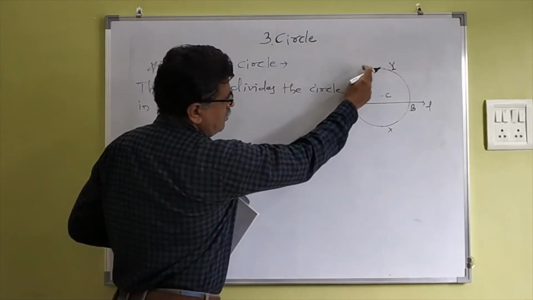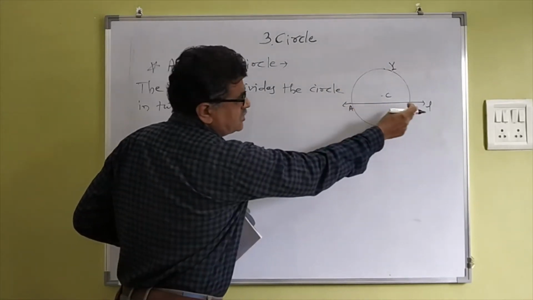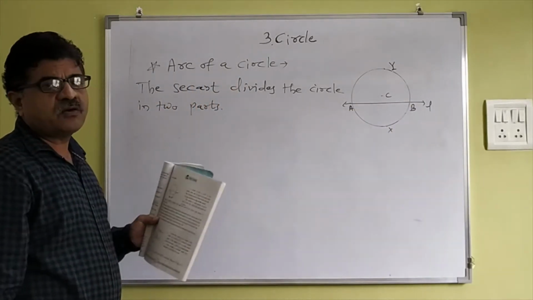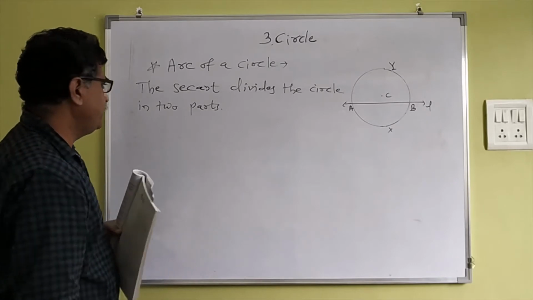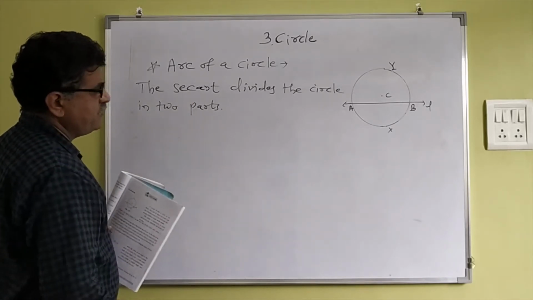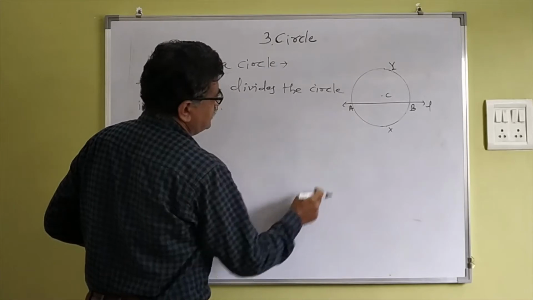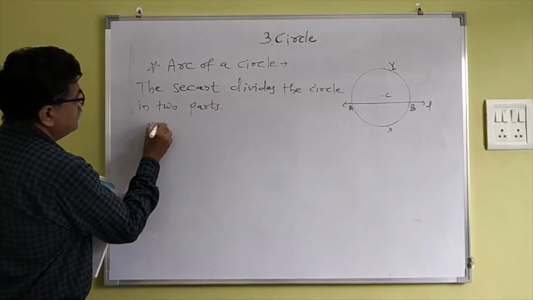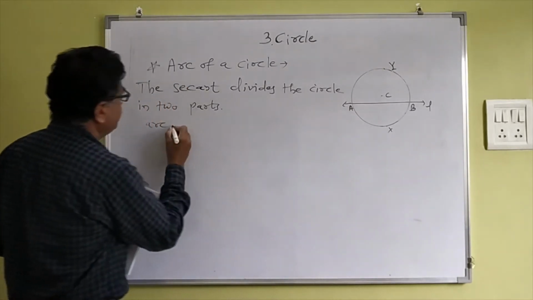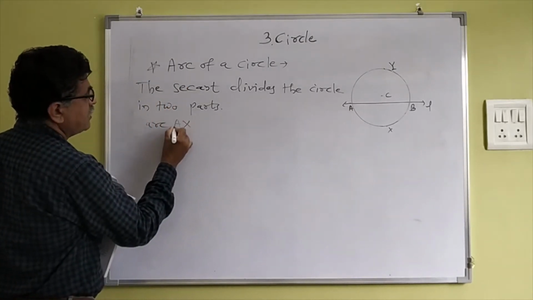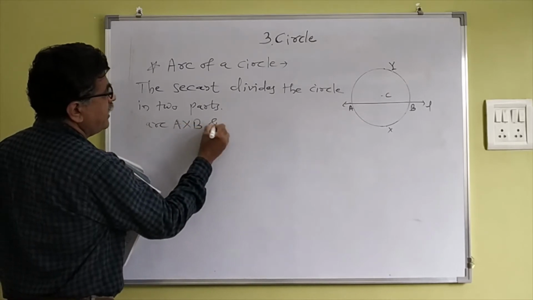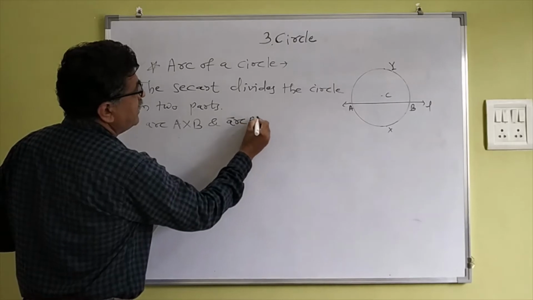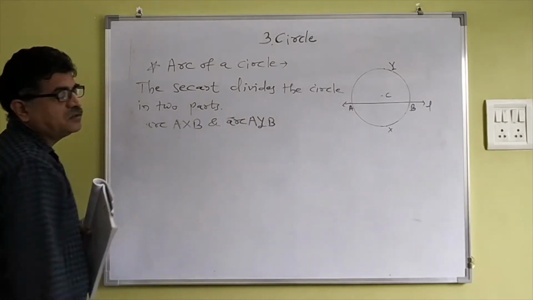Now the intersection of this circle and this secant, that is points A and B, these points are called the end points of the arc. The secant divides the circle in two parts, that is, from the figure, arc AXB and arc AYB. These are the two arcs.